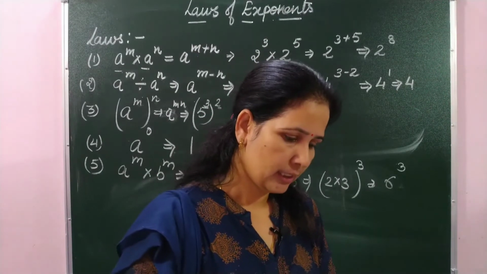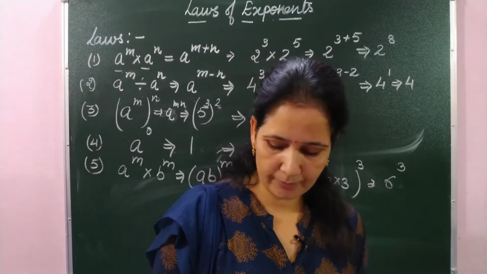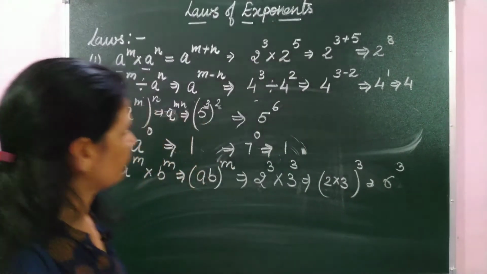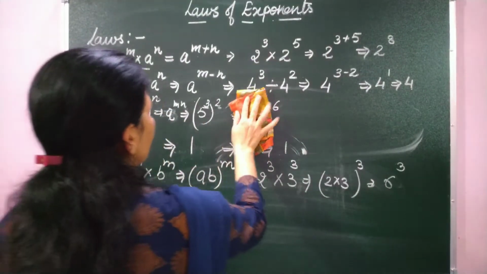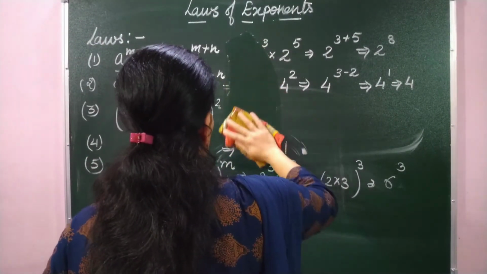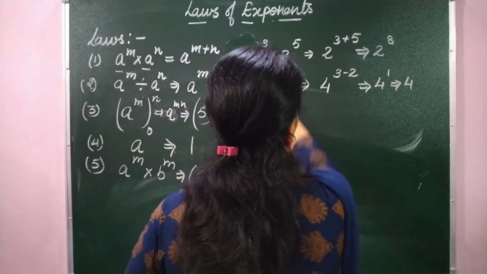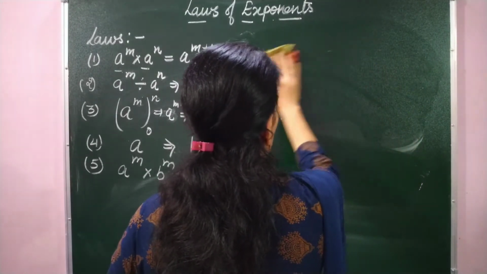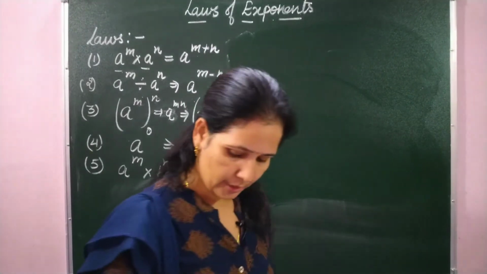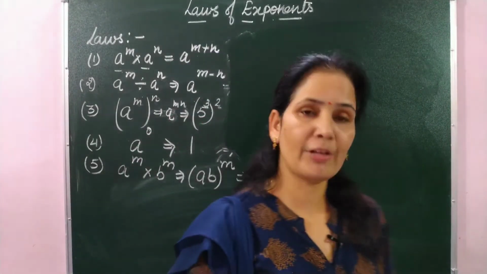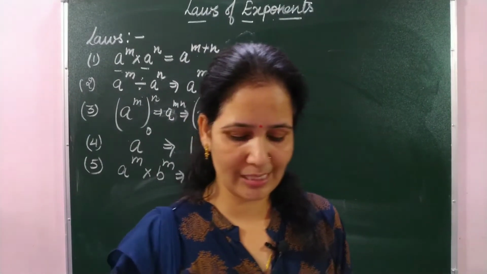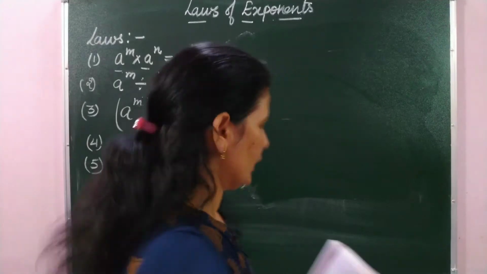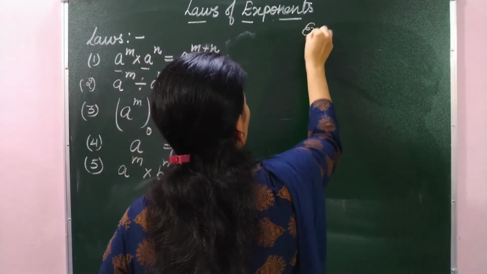5.3. Okay, so let's take its first question. In the first question, they have given: simplify and express the result in exponential form. This is exercise number 5.3.